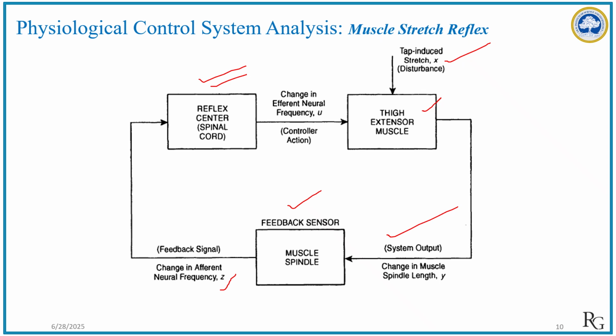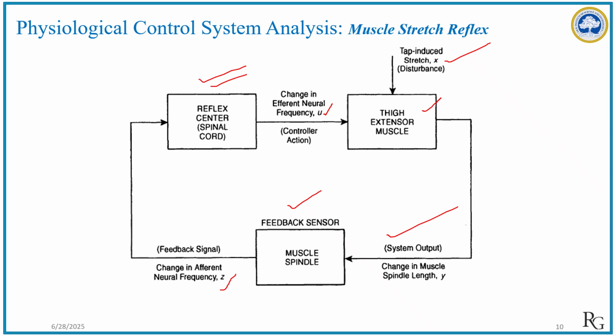The controller action is an increase in the efferent neural traffic, that is the control action U, directed back to the thigh muscle, which subsequently contracts in order to offset the initial stretch. So it is indeed a negative feedback system, since the initial tap-induced stretch leads to a controller action that aims at reducing the effect of the disturbance.